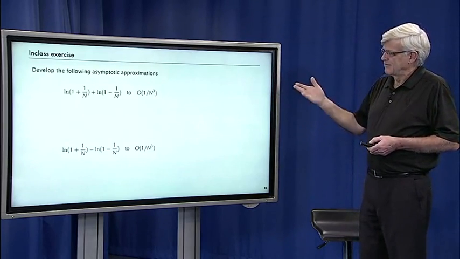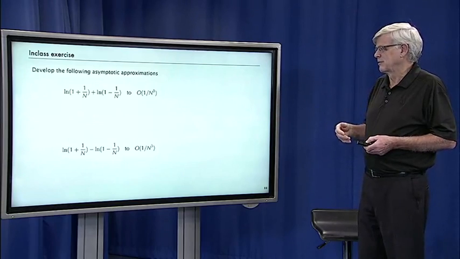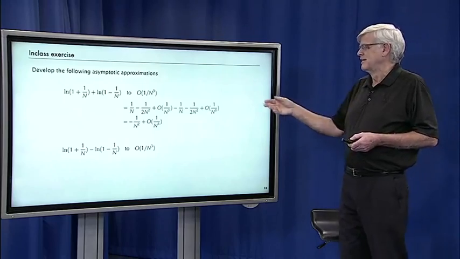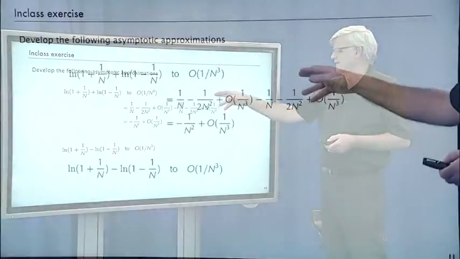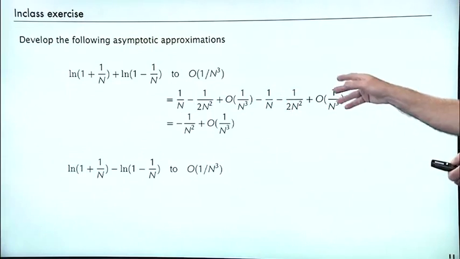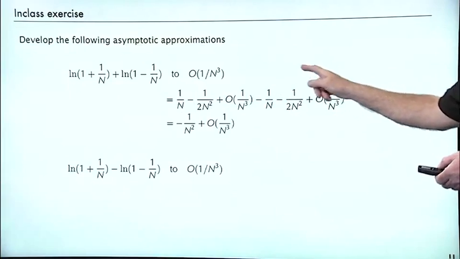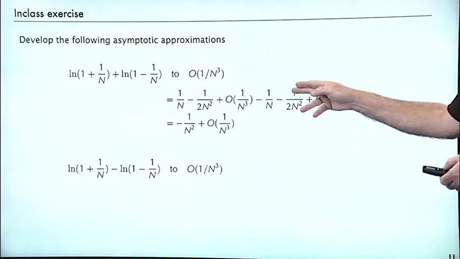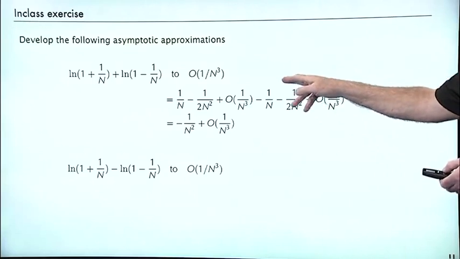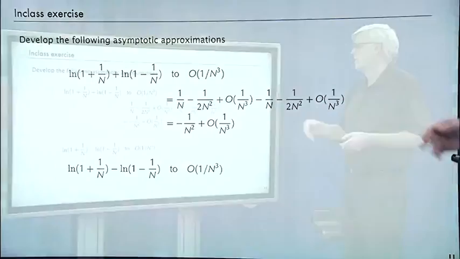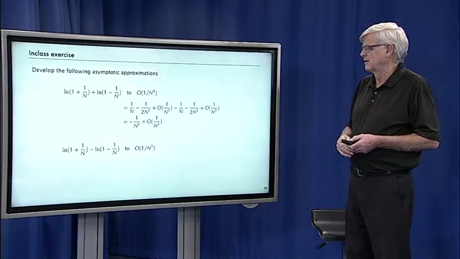If you just plug in from the formula from the previous slide, log of 1 plus 1 over n is 1 over n minus 1 over 2n squared plus big O of 1 over n cubed. And log of 1 minus 1 over n is minus 1 over n. And so the 1 over n terms cancel, and then you get 1 over 2n squared terms, which makes it just minus 1 over n squared plus big O of 1 over n cubed.